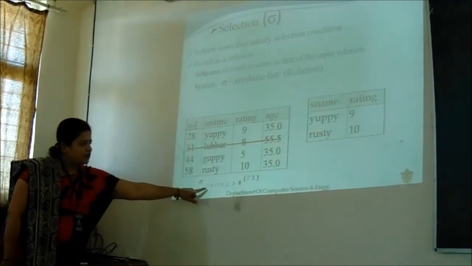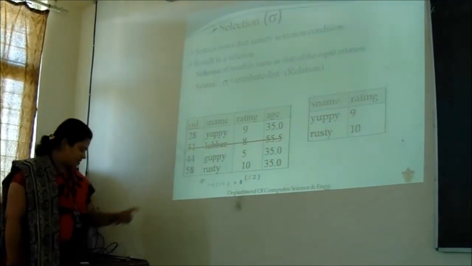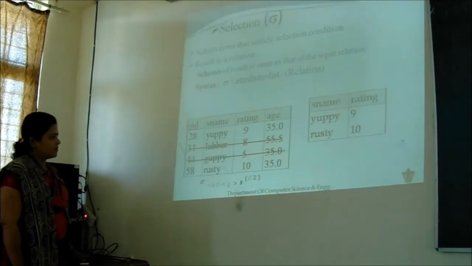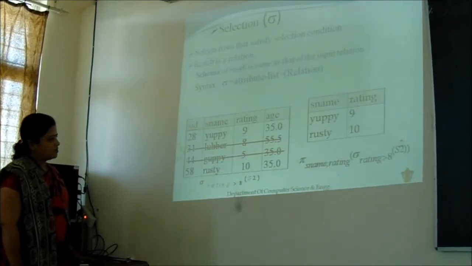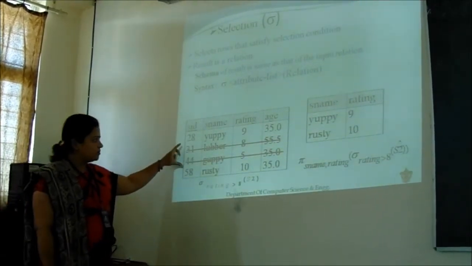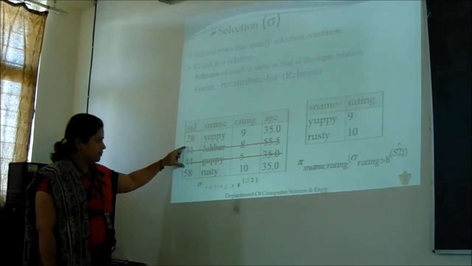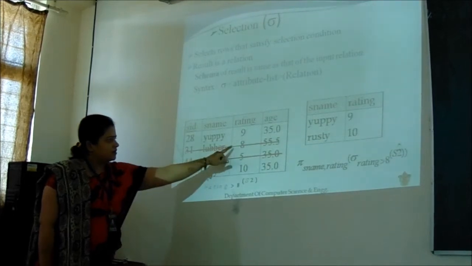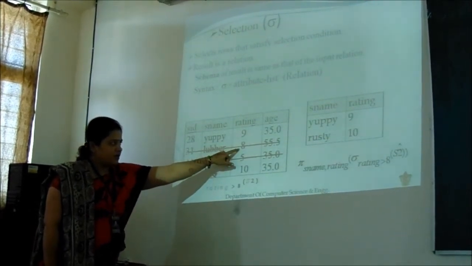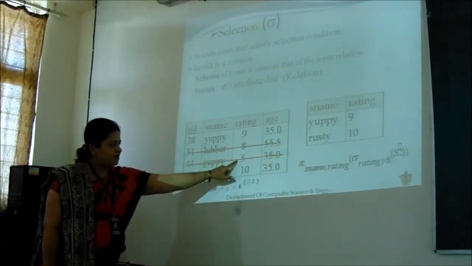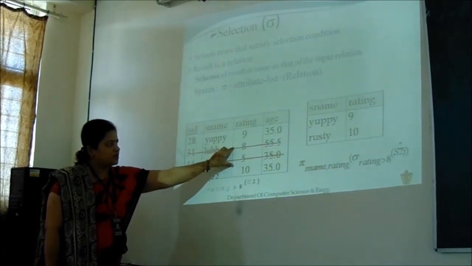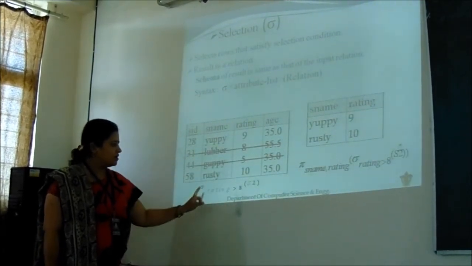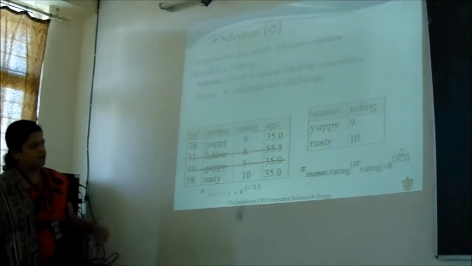It will calculate the rows where rating is greater than 8. So only two tuples from this database have been extracted as a result of sigma. Here 8 is equal to 8, not greater than 8, and 5 is also less than 8, so these two values are rejected and the other two values are accepted by the selection operator.